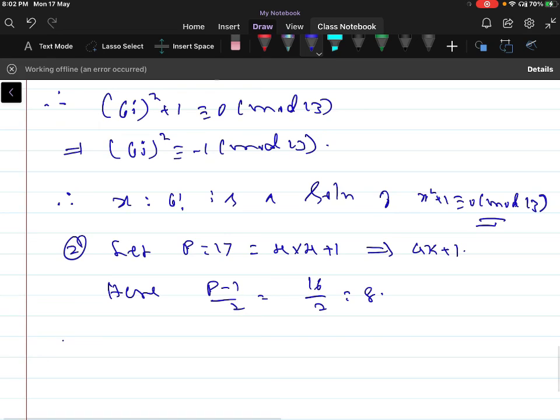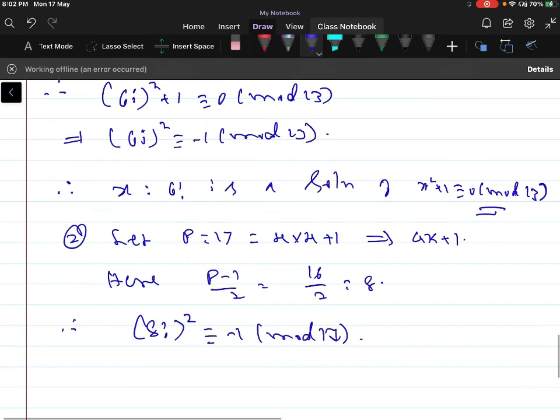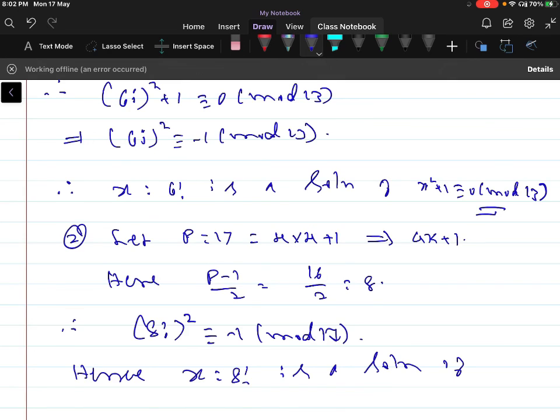So therefore we can write 8 factorial whole square is congruent to minus 1 modulo 17. So hence we can write x is equal to 8 factorial is a solution of the congruence x square is congruent to minus 1 modulo 17.